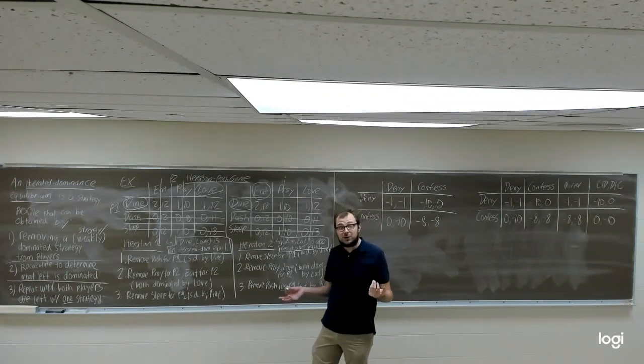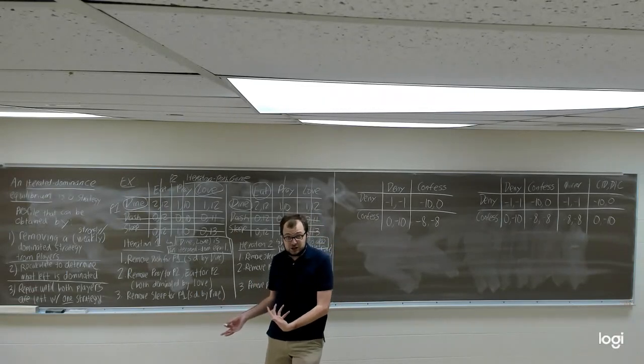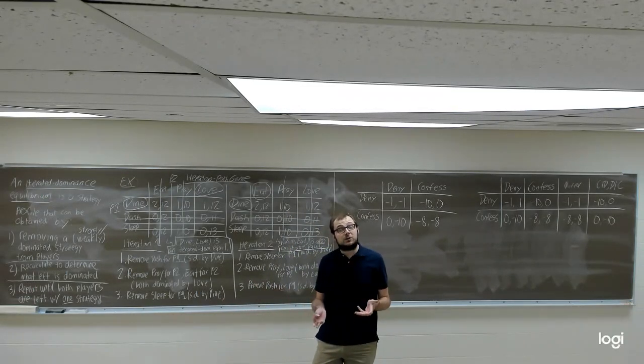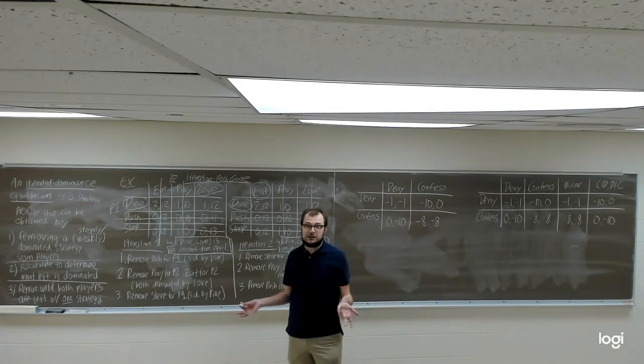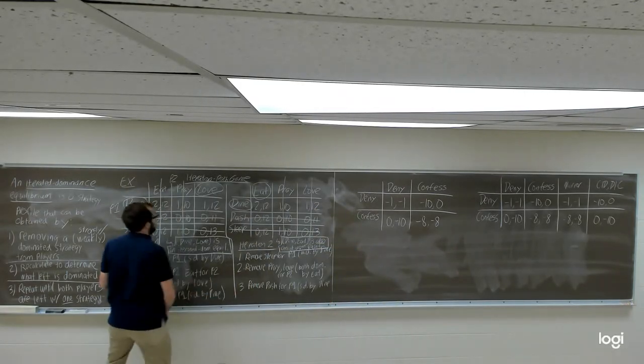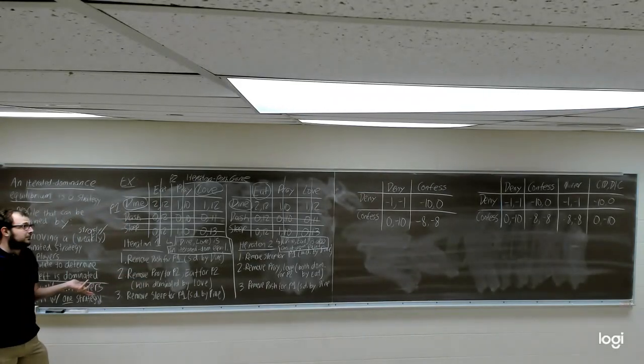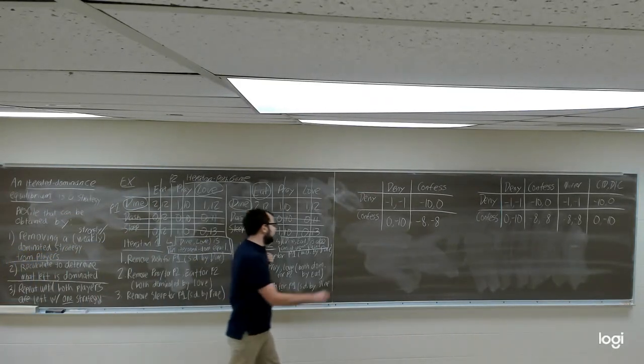So the moral of the story is, unlike with dominant strategy equilibria, it's possible for the same game to have multiple iterated dominance equilibria, like this game. Let's check one more time.